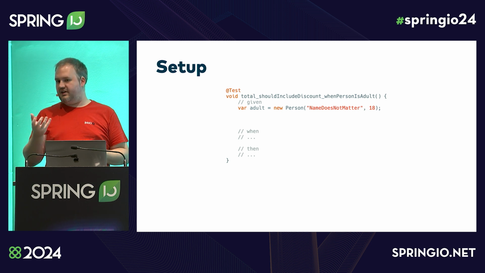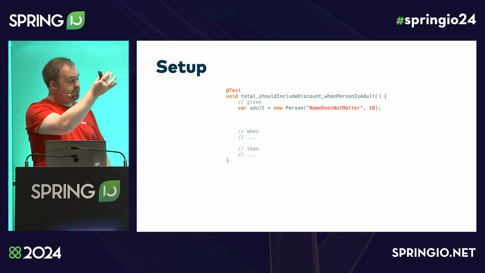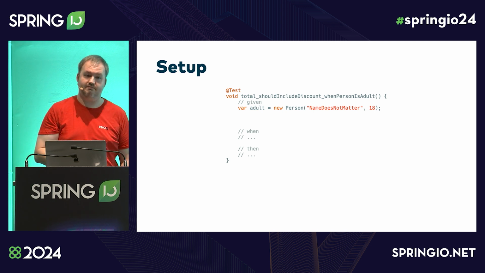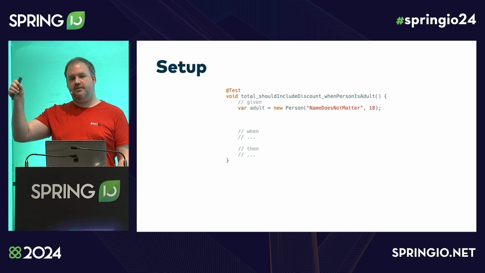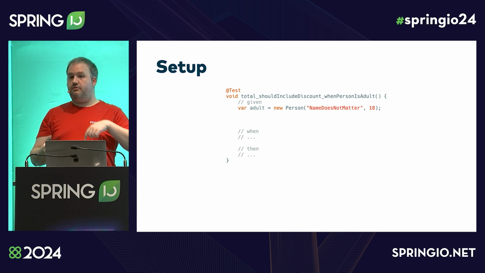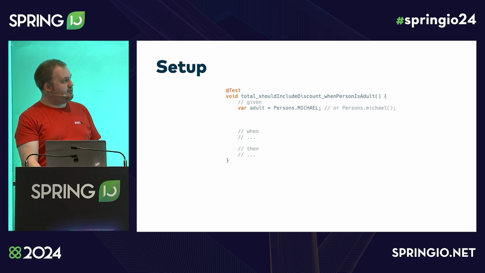Normally you pick some value to make clear that it's not relevant, but that's not that easy. And if my person has 20 properties and just the age is important, I have to provide 19 things that don't matter. And for the reader who reads the test, it's not easy finding out which of these is important, right? So maybe we can use another pattern.